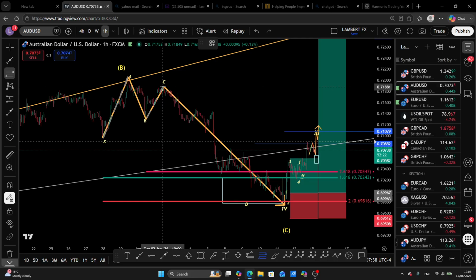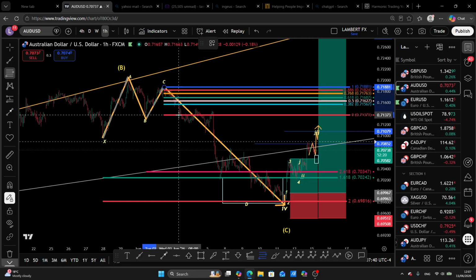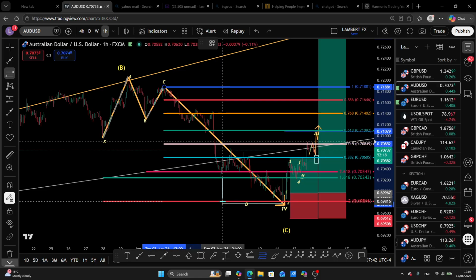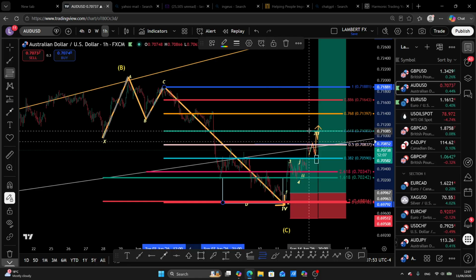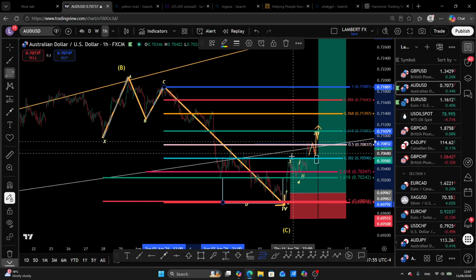For take profit, you go from C using your fib retracement, C to the last candle, and your first take profit is at 0.382, like I said, and the second take profit is right here at 0.618. So the first TP was hit.